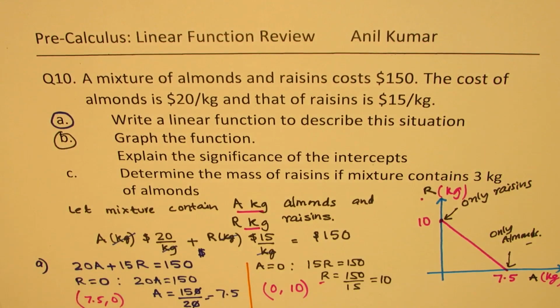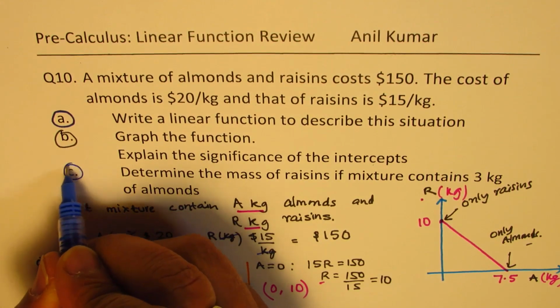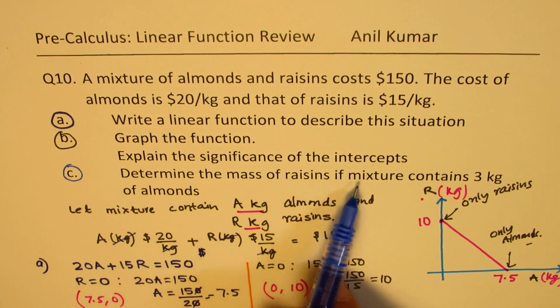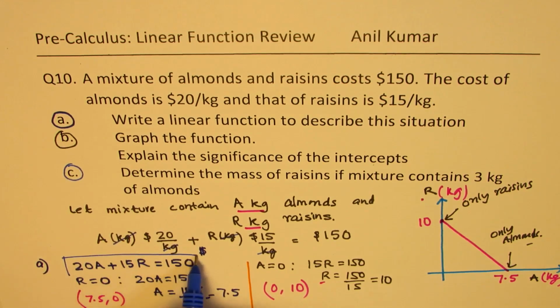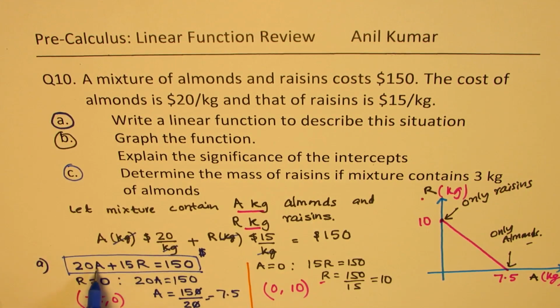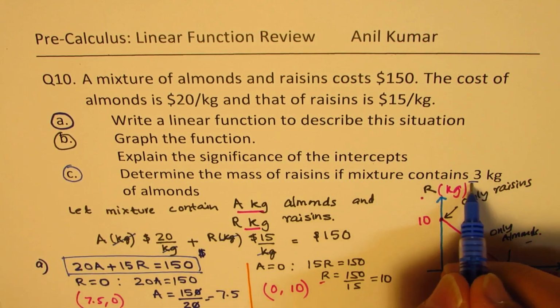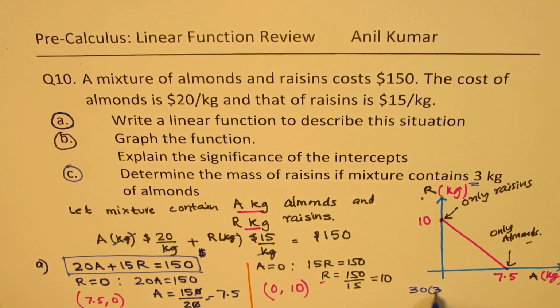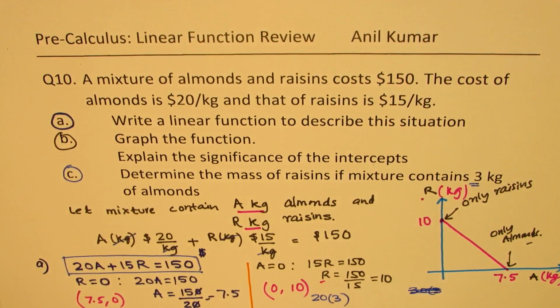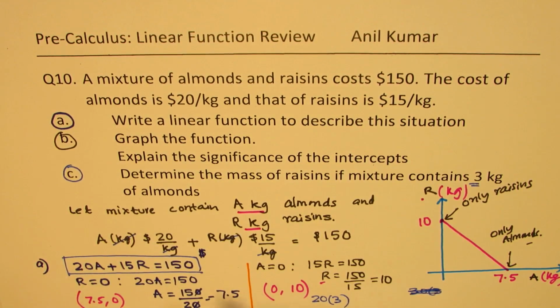Okay. Now let's do C, which is: determine the mass of raisins if the mixture contains 3 kg of almonds. So now we are going to use this equation, and in this equation we know almonds are now 3 kg. So let me substitute 3 here. We get 20 times 3, plus 15R equals 150.